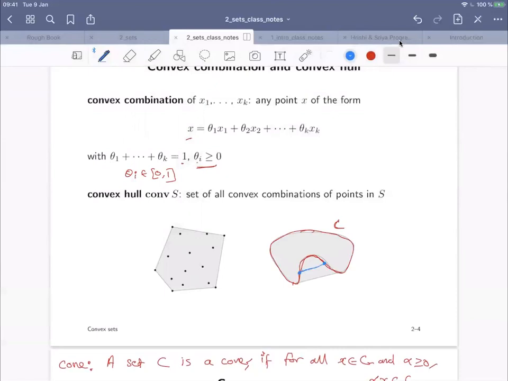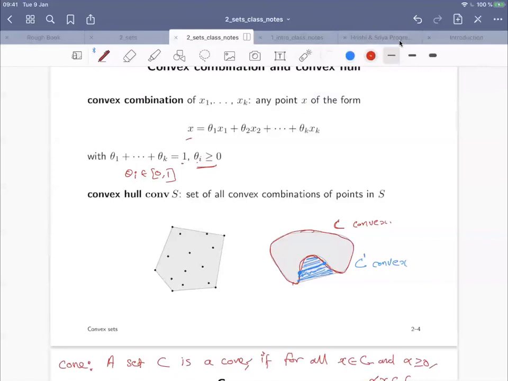So convex hull is a concept where you are forming a convex set, the closest convex set from this. What you have to do, the easiest way, is to add this region, right? So you add all those regions like this, and now the new set is convex. Let's call this C dash. C dash is convex, whereas C was not convex, right?